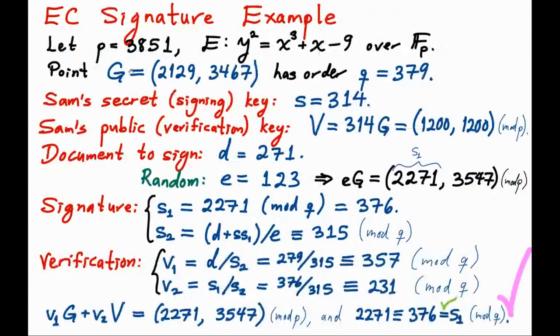But let's go, right? So again, as before, my prime is 3851 and the elliptic curve is y squared equals x cubed plus x minus 9 over F_P, where P is that 3851. And this point G is a point that has prime order 379.